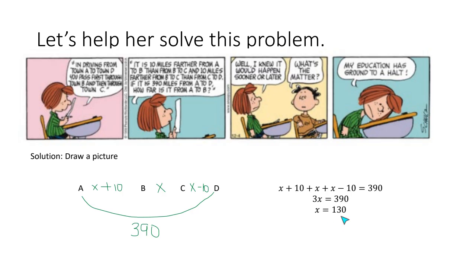But you always want to make sure the last step in the problem solving strategies is that you need to check your answer, because here it's asking us A to B. So we plug that in, and we get 130 plus 10 is 140. And if we figure out C to D, that would be 120. If you check your work, then all of this is equal to this number. Okay, so that helped in drawing a picture and going from there.